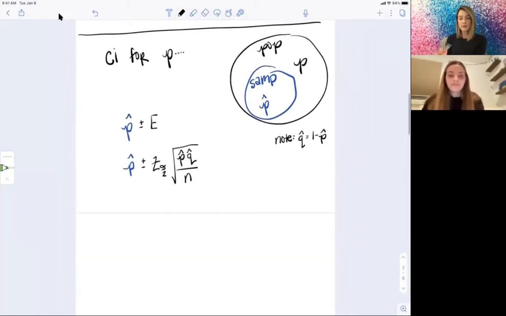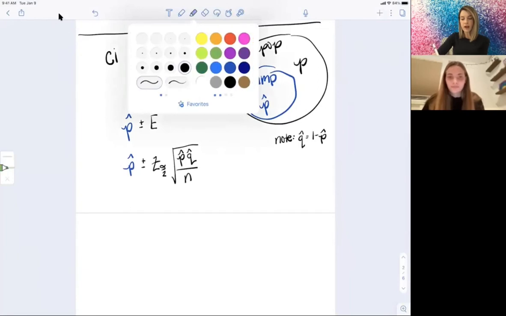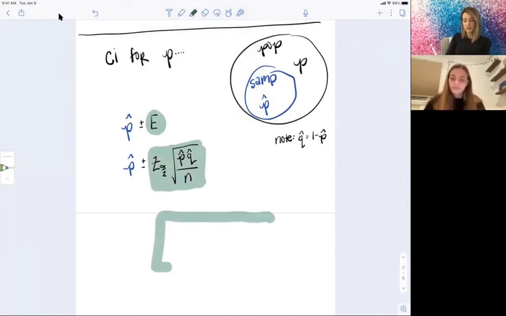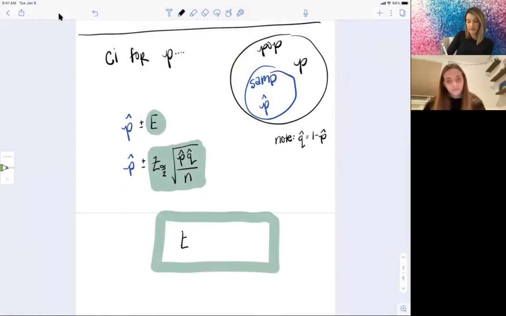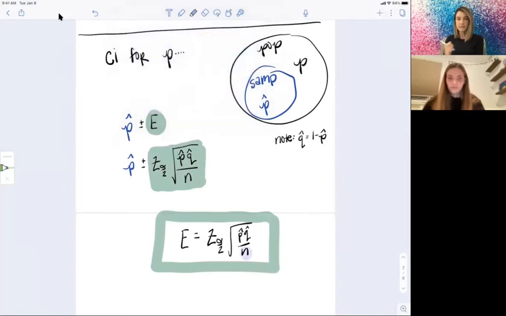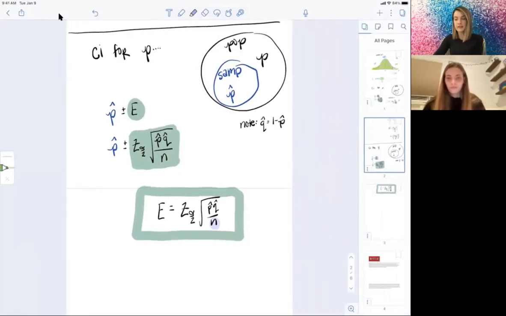So again, if you want that margin of error to be a certain size, then the margin of error is all of this stuff. If I state for myself that the margin of error is all of this, and you tell me what you want that margin of error to be, I can solve this again for n and tell you how big a sample you need to make that happen before you even start your study.